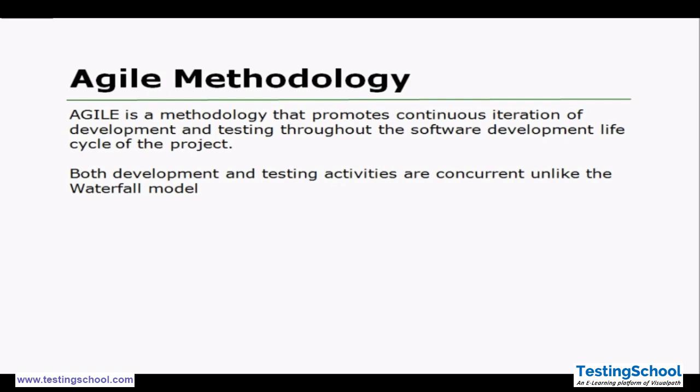So throughout the life cycle, you continue working on the development as well as the testing simultaneously. Both development and testing activities are concurrent, unlike the waterfall model. In the waterfall model, we start with the development phase and we don't have any work for the testing profile.